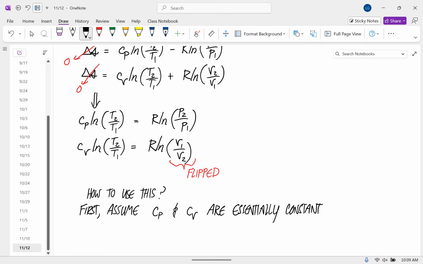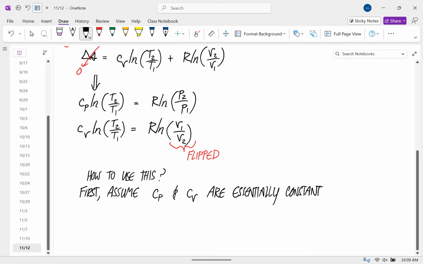So what's the assumption that we usually make if we're going to use Cp or Cv as constant? Small change in temperature. Okay.